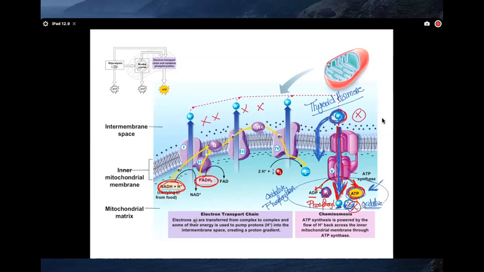If I didn't use this potential energy to produce ATP, it's going to be generated as heat. So normally this takes place all the time, that some of the protons will travel and they will not be allowing phosphorylation of ADP to take place. This is what's going to be producing heat.